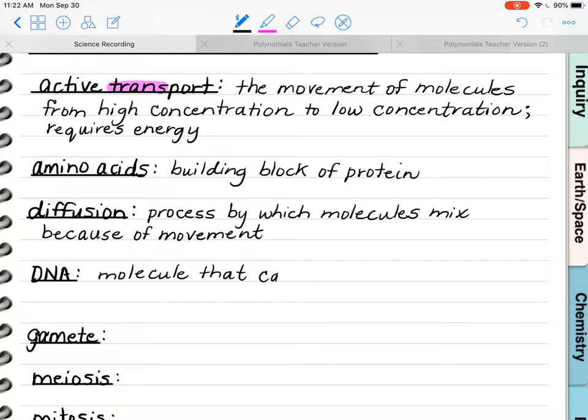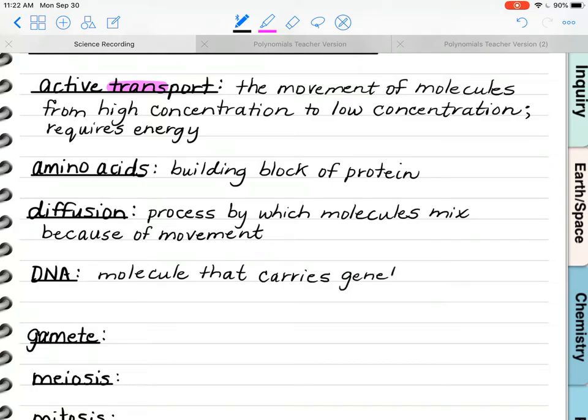Every cell in your body has a well, not every cell. Well, that's not true. Every cell in your body does not have a nucleus. Every cell in your body has your genetic code. That's how it knows that it belongs in your body, and it is your genetic code.